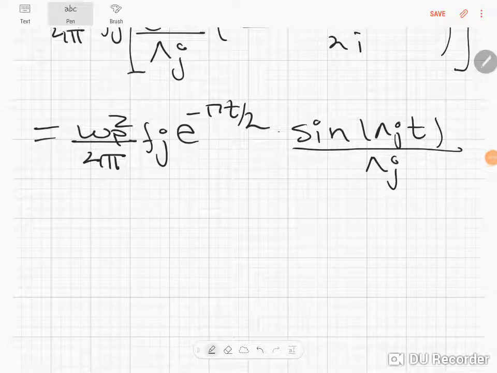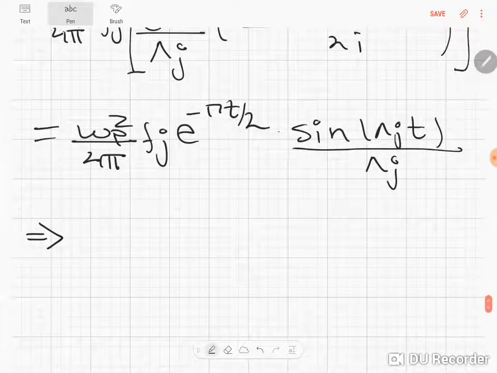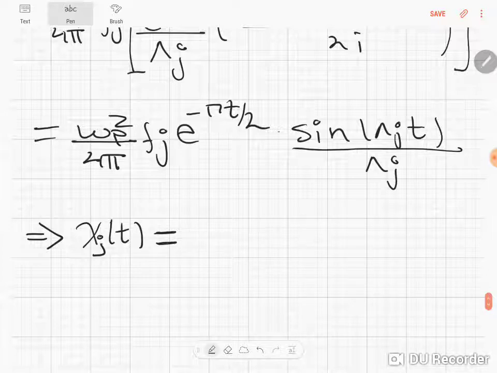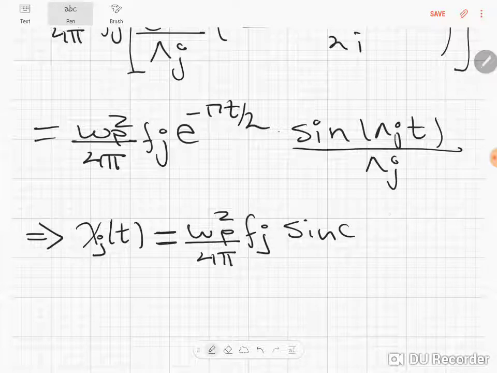And this is equal to, so what we have here is this susceptibility in time, chi sub j, of course, which is equal to omega_p squared divided by 4 pi, the oscillator strength, times sinc of lambda_j t times e to the minus gamma t divided by 2.